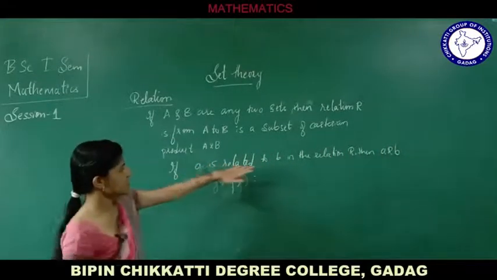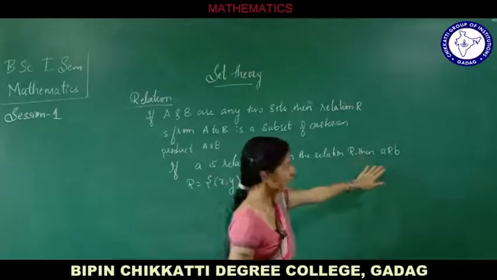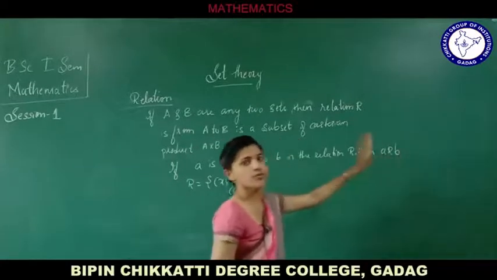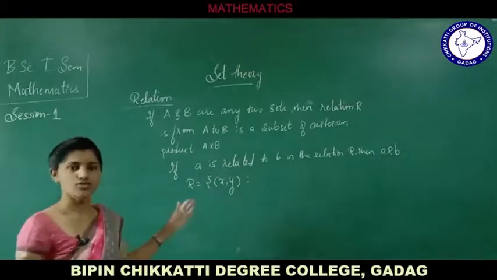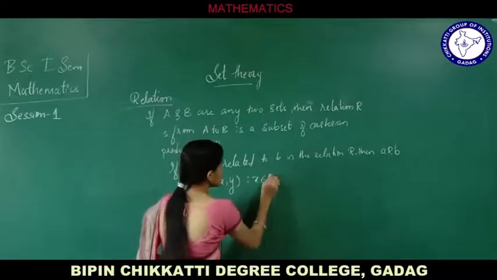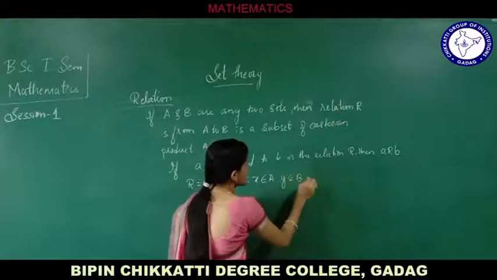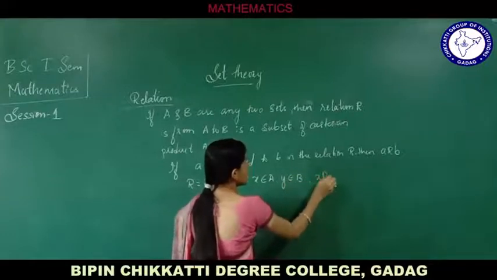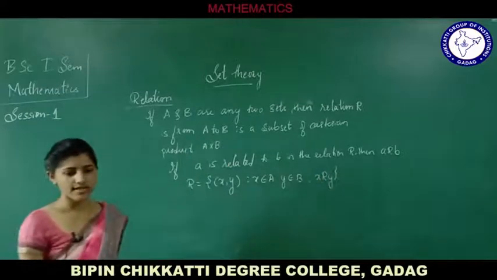We can write it as a R b. Consider an example: if R is the set of (x, y) such that x belongs to A and y belongs to B, then x is related to y. This is how we are going to write it.